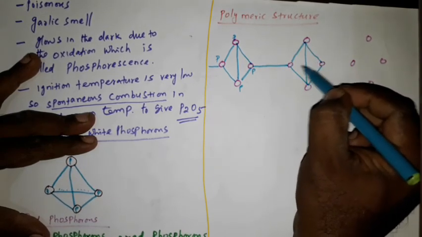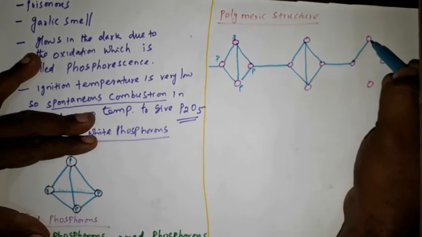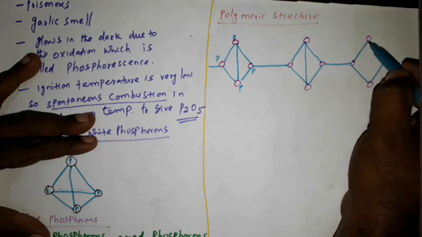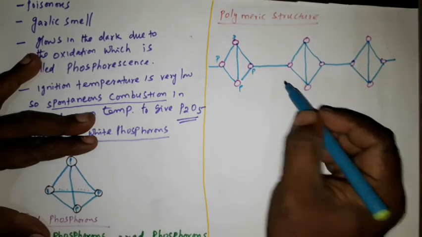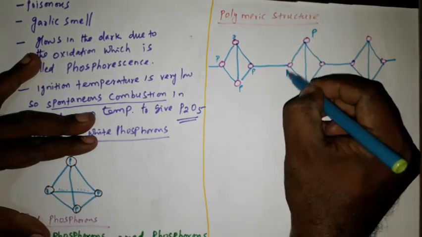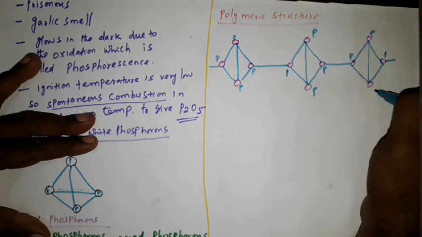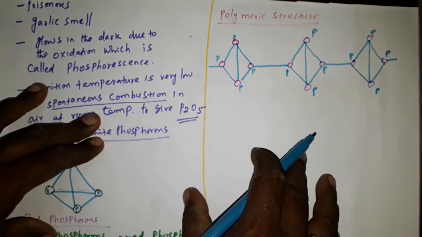So this bond is removed and makes a bond with another link. Okay, this is called the polymeric structure of red phosphorus. There are 4 phosphorus atoms making a polymeric structure.